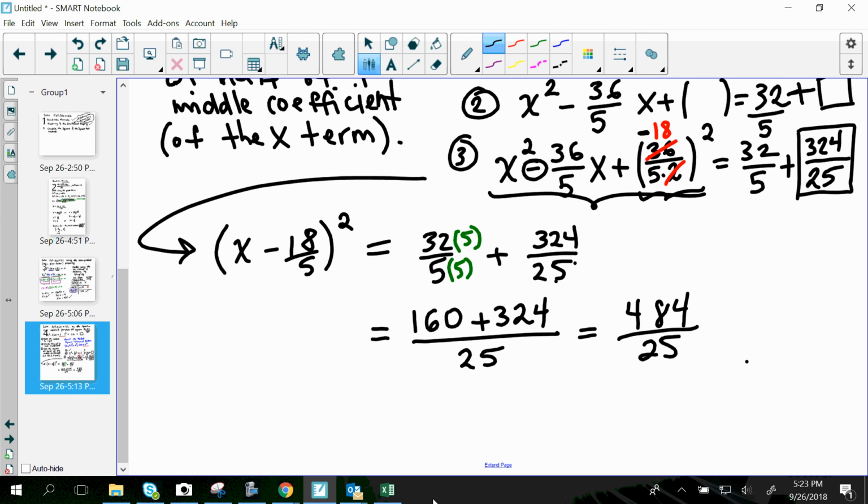So finally, I'm going to write this as x minus 18 over 5 quantity squared equals 22 over 5 quantity squared.